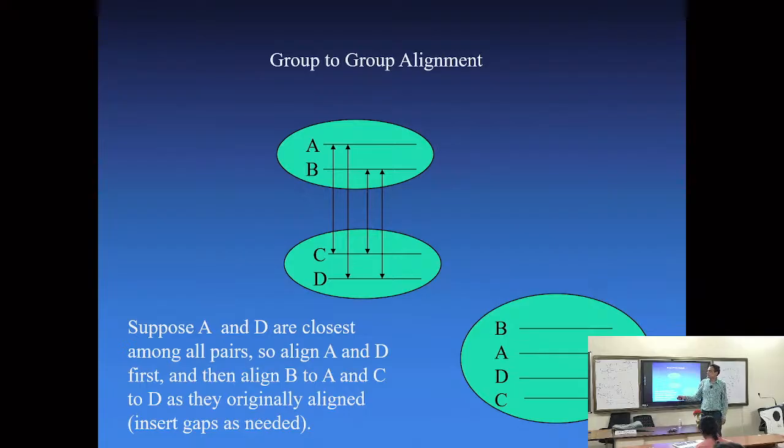Because these are frozen, we know how they are aligned, so when you bring them, they should be aligned as they were originally. This way, using the guide tree, you are bringing the sequences and aligning them one by one in the order of decreasing similarity. So this is how the sequences get aligned one by one, guided by the guide tree.